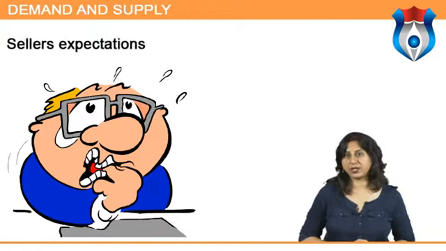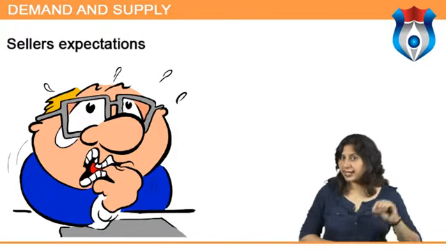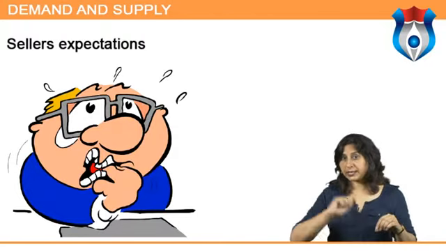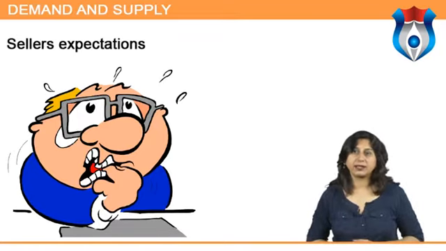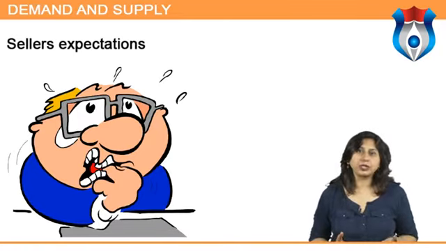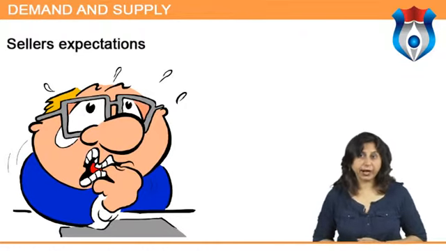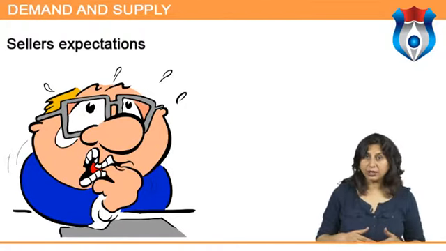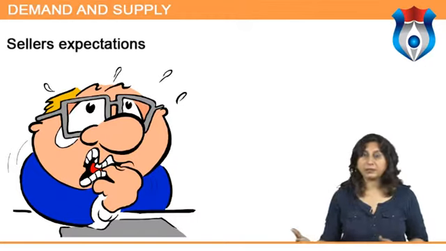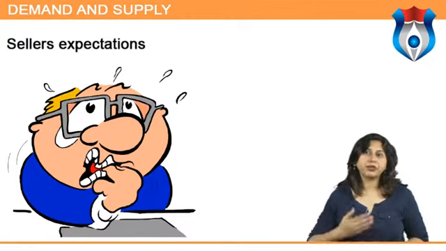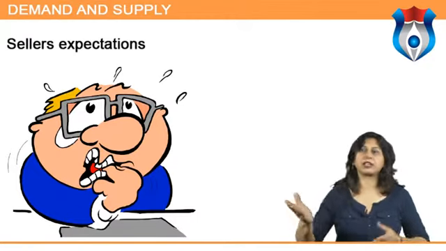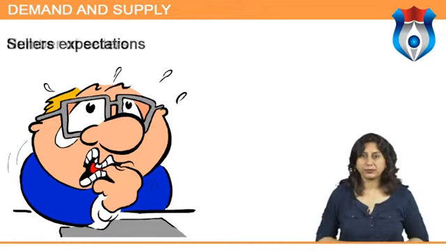Sellers' expectations: the decision to sell a good today depends on expectations of future prices. Sellers seek to sell the good at the highest possible price. If sellers expect the price to decline in the future, they are inclined to sell more now. If they expect the price to rise in the future, they are inclined to sell less now.